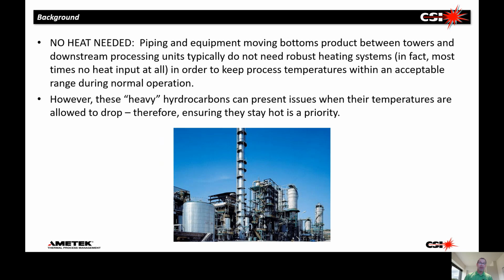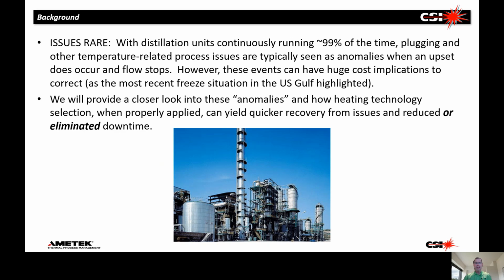However, these heavy products can present issues when their temperatures are allowed to drop. Therefore, ensuring they stay hot is a priority. So issues are rare, considering 99% of the time plugging and other temperature-related processes are typically seen as anomalies because of a high efficiency run rate.